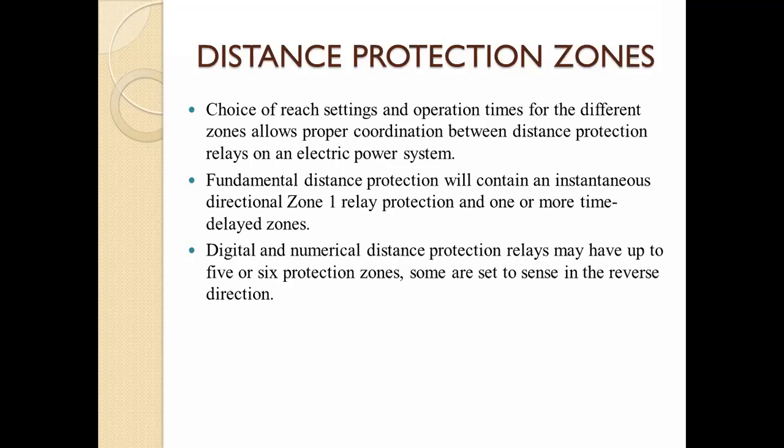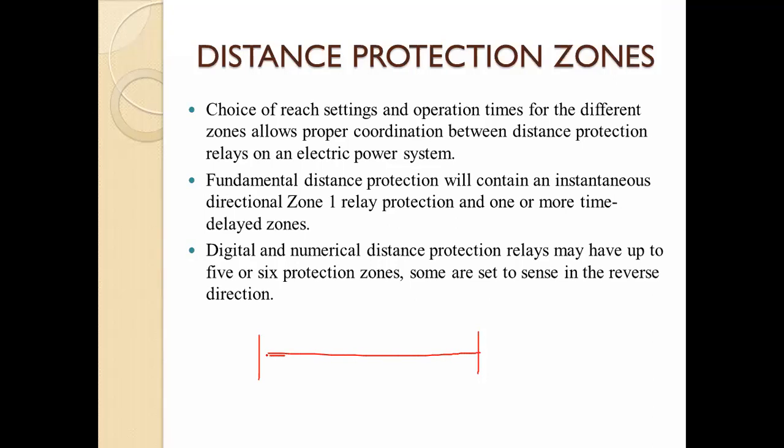So here is the choice of reach setting. It means there is a setting, so if any fault is occurring, concentrate, up to that the relay is going to operate. Actually, when we are considering any zone for protection purpose, suppose I am considering this is my zone of protection, this is my transmission line.